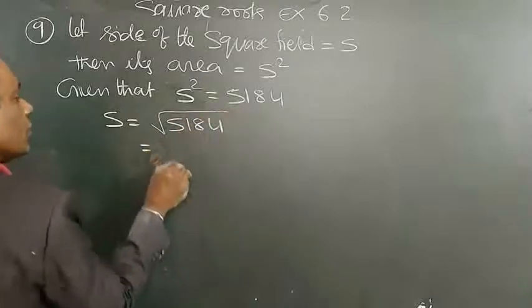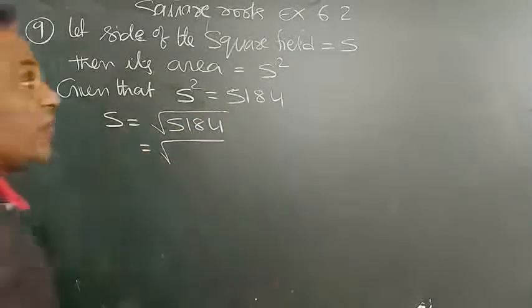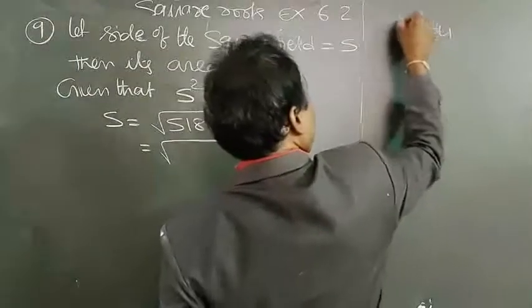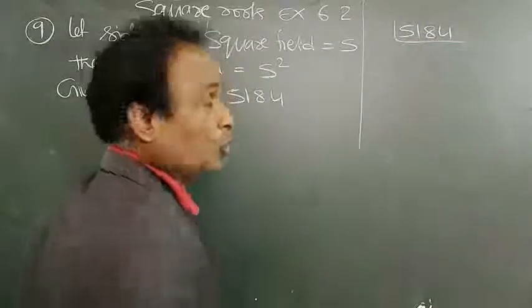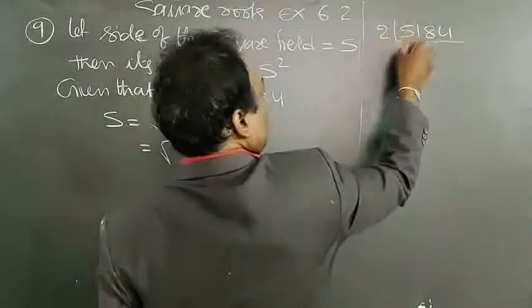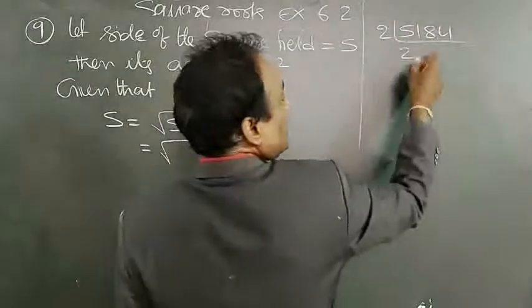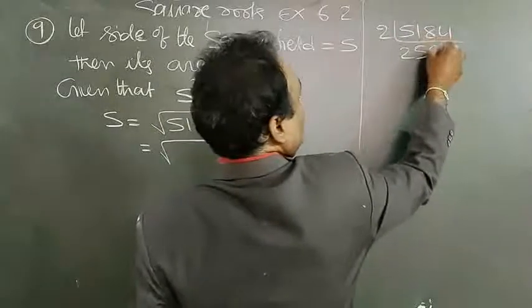How to find the square root of 5184? Students, find the factors of 5184. Try with 2. 2 2s are 4, 4 means 1 remains. 1 after 1 is 11. 2 5s are 10, 2 9s are 18.